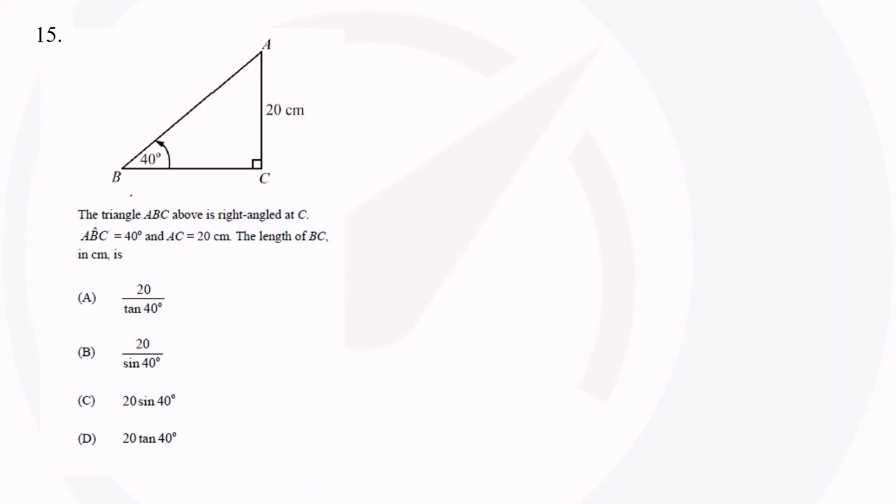Number 15, we have the triangle ABC above is a right angle triangle at C, and the angle ABC, we know that the one in the middle is the angle. So here when we say B, we say 40, AC is 20, and the length of BC is needed. So BC right here would be our adjacent side, because we have the opposite and the adjacent side. So hence, that is going to give us tan.